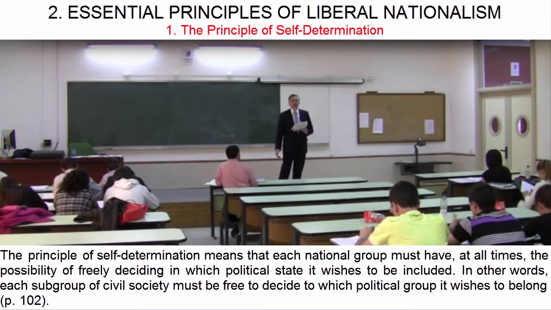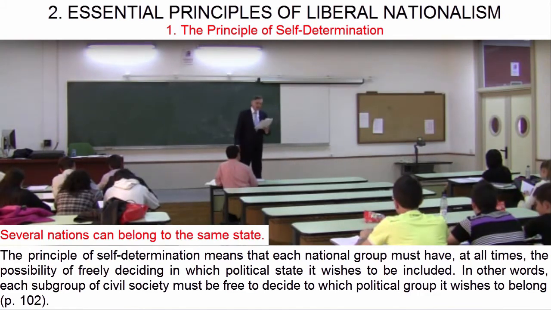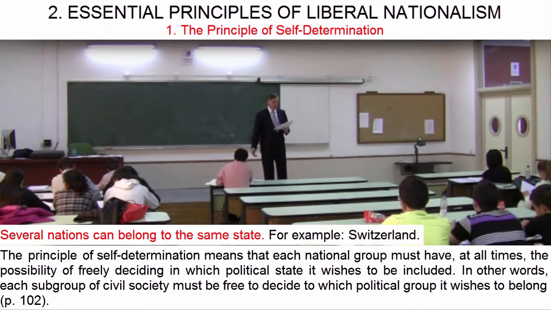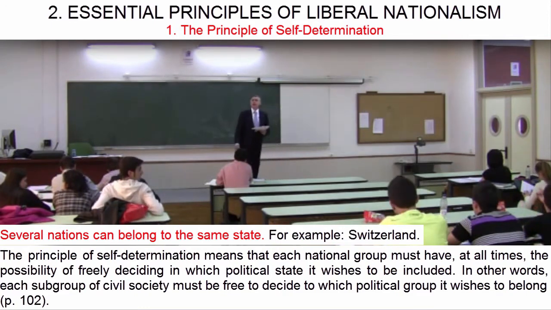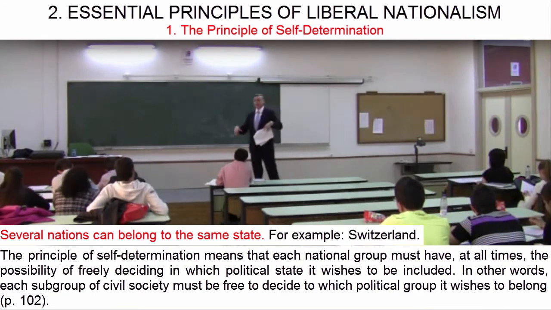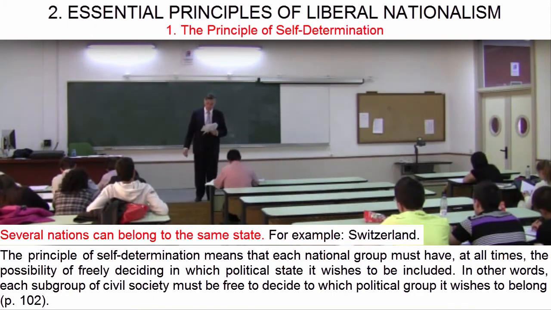The opposite situation is also possible. Different nationalities or nations can choose to jointly form one political state. Such is the case of Switzerland, where part of the Italian nation, part of the French nation, la Suisse romande, and part of the German nation peacefully coexist. In fact, the Swiss learn German, Italian and French, regardless of whether they belong to the French nation, the Italian nation or the German nation.